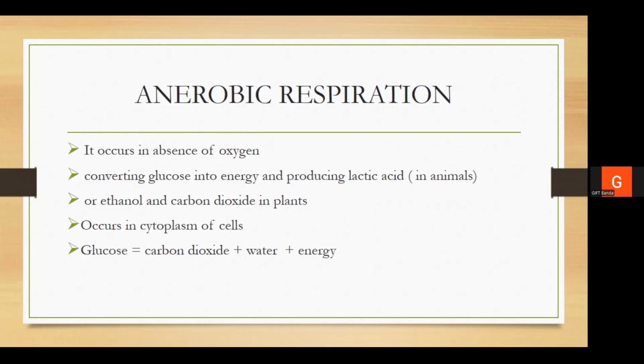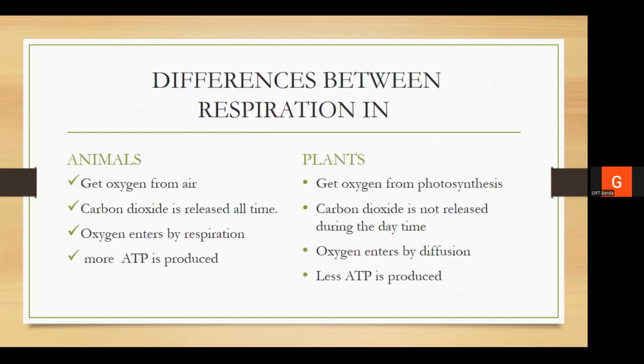While focusing on this one, we should also look at the similarities and the differences. But let's start with the differences between the two. Then we'll dive in where needed. In this case, we're going to look at the differences between animals and plants. Animals get oxygen from the air, meaning the atmosphere, while plants get oxygen from photosynthesis.